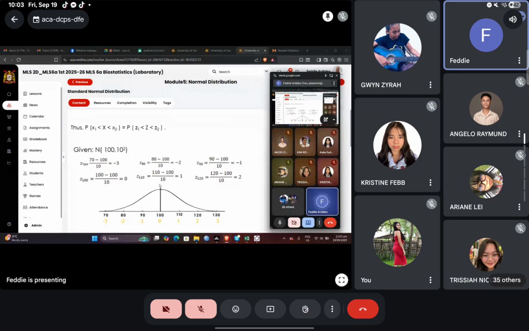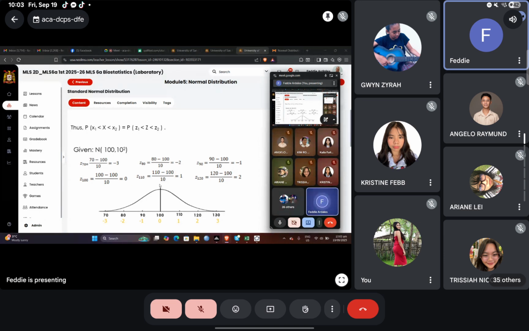For Z sub 100, that is 0. That represents your mean. And Z sub 80 is -2, Z sub 110 is +1, Z sub 90 is -1, and Z sub 120 is +2.